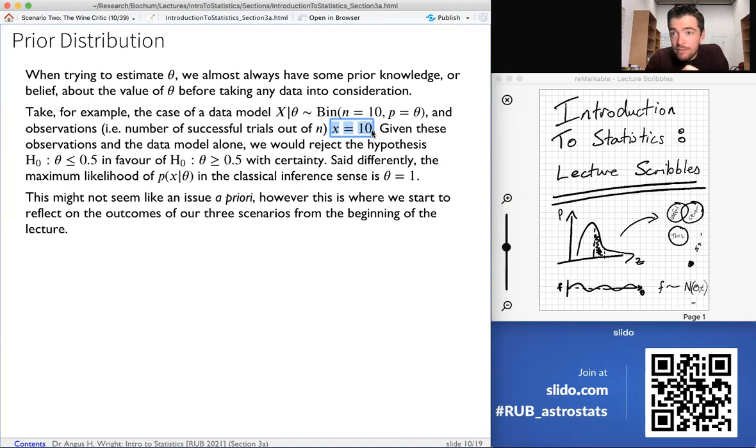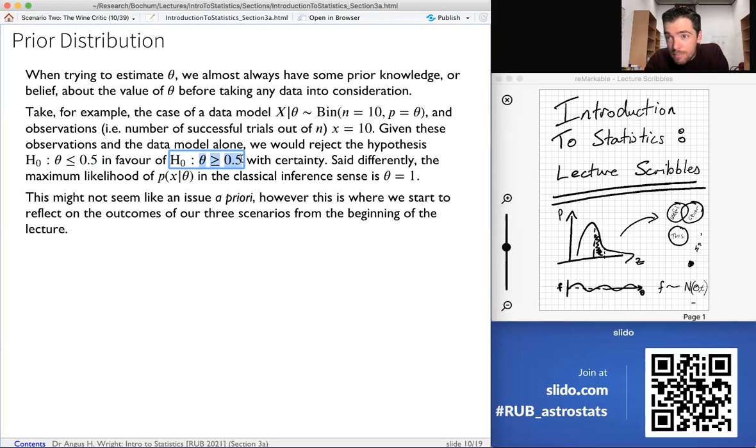Given this data and this model, in classical inference we would reject any hypothesis that theta is less than 50% in favor of a different hypothesis, that theta is greater than 50%, with absolute certainty, essentially.